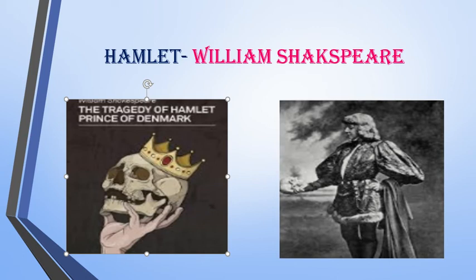He forbids him to return to his schooling in Wittenberg. After the court exits, Hamlet despairs over his father's death and his mother's hasty remarriage. Means he has become totally disturbed because of his father's death and his mother's remarriage.